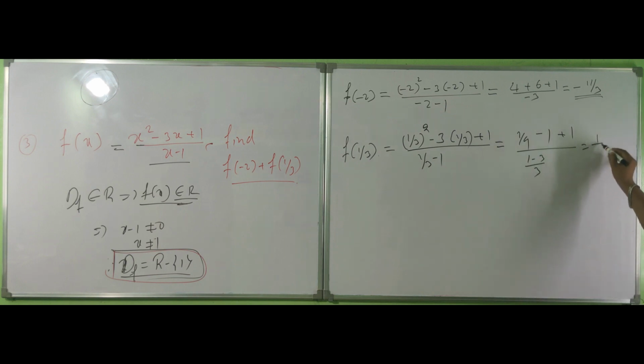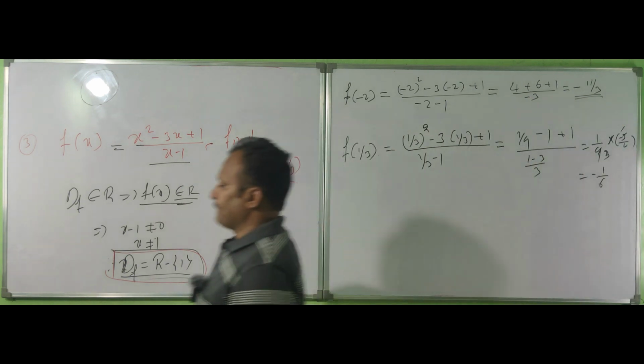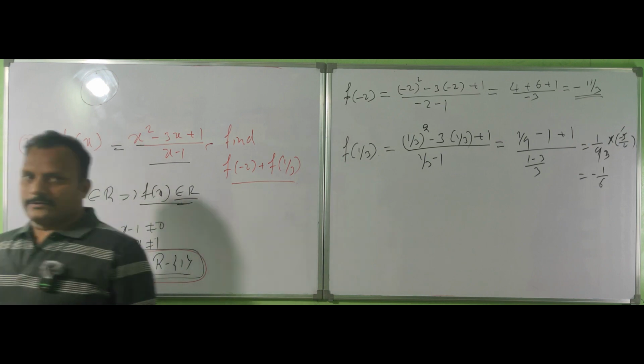This becomes 1 by 9 into 3 by minus 2, which is minus 3 by 2. So this becomes 3 ones are 3, 3 nines are 27, minus 1 by 6. Yes, minus 1 by 6.